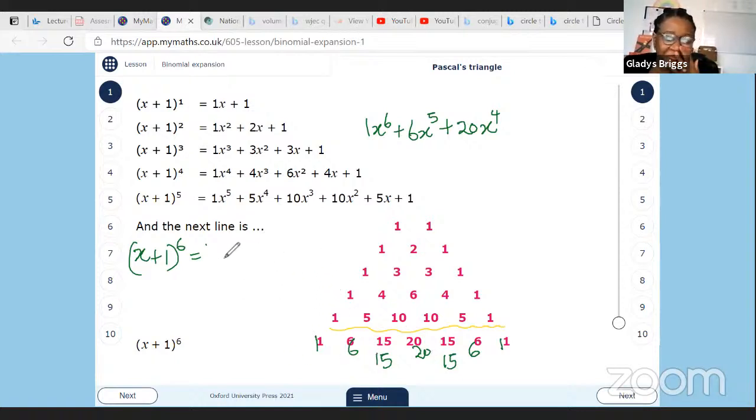Right. So it's 1x to the power of 6, 6x to the power of 5, 15x to the power of 4, plus 20x to the power of 3, plus 15x squared, plus 6x, plus 1. Yeah? So now you know.